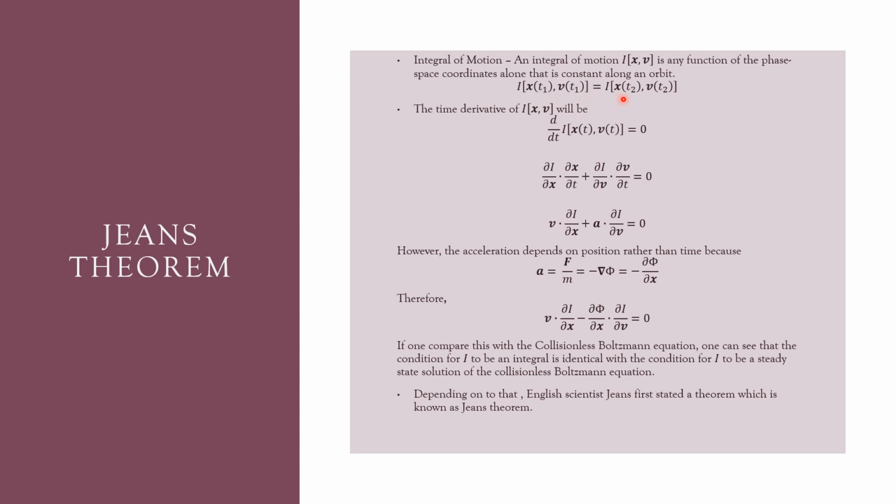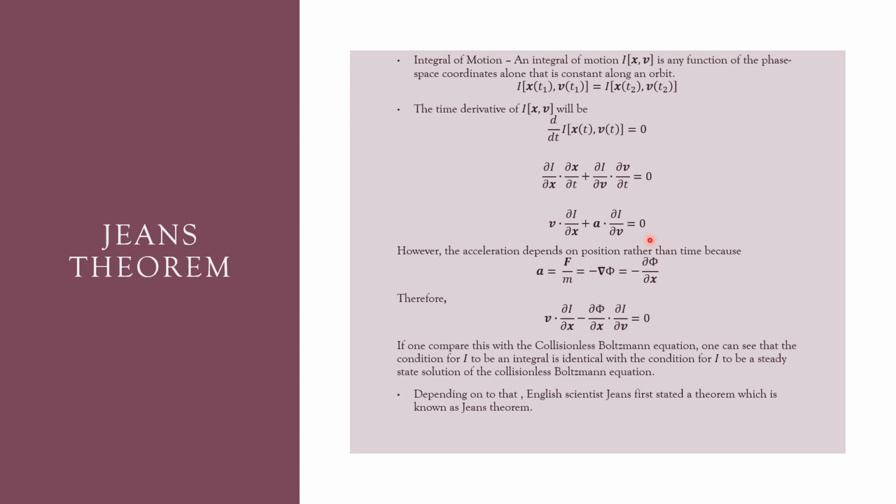This implies that the time derivative of the integral of motion will be 0 along the orbit. By taking the time derivative, as you can see, we reach the equation v dot del I by del x plus a dot del I by del v equal to 0.